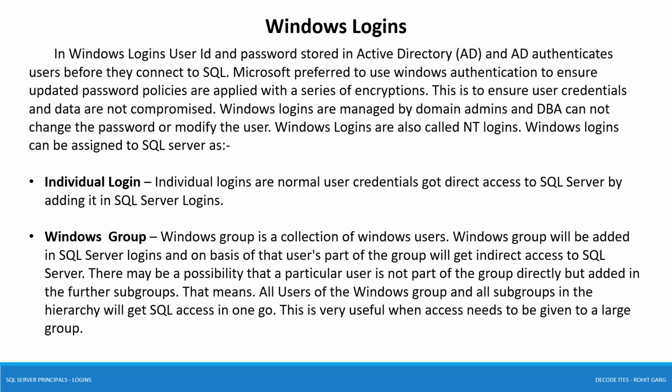There may be a possibility that a particular user is not a part of the group directly but is added in further subgroups. That means all users of the Windows group and all subgroups in the hierarchy will get SQL Server access in one go. This is very useful when access needs to be given to a large group.